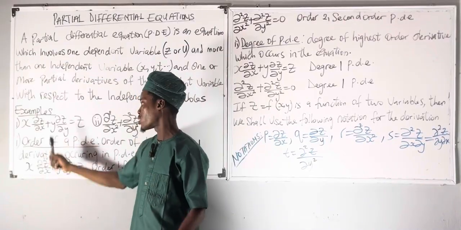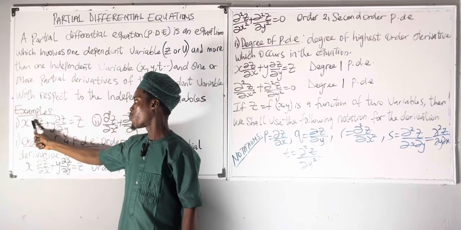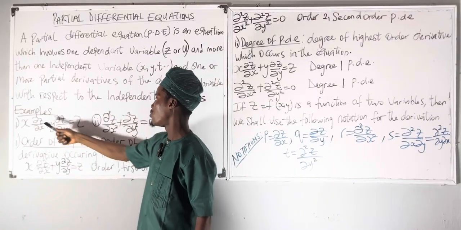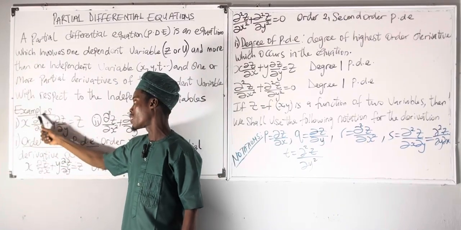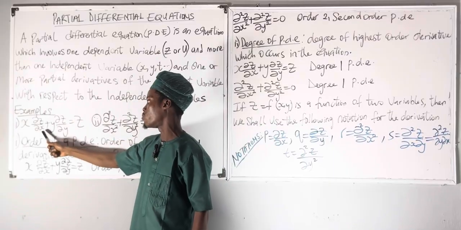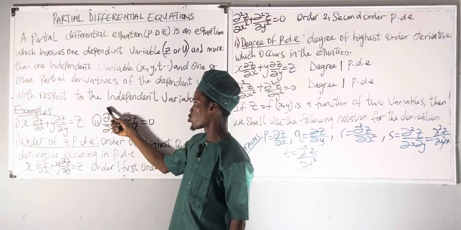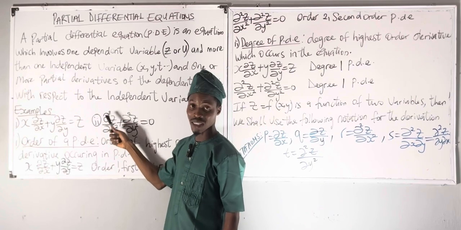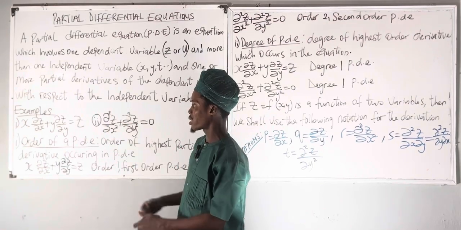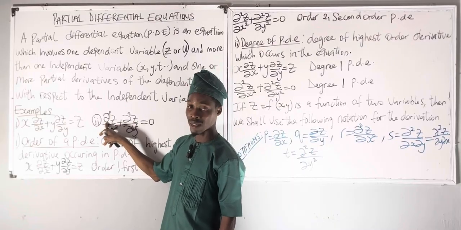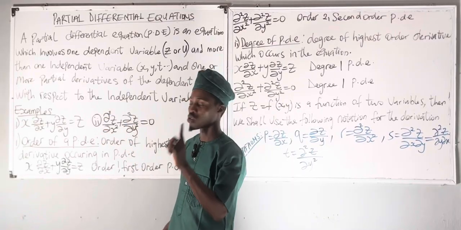The reason why this one is first order is that it's only partial z over partial x that we have. But if we have something like partial square z over partial x square, you can see that we have a partial sign, that is del, raised to the power of 2. It means this one is order 2.